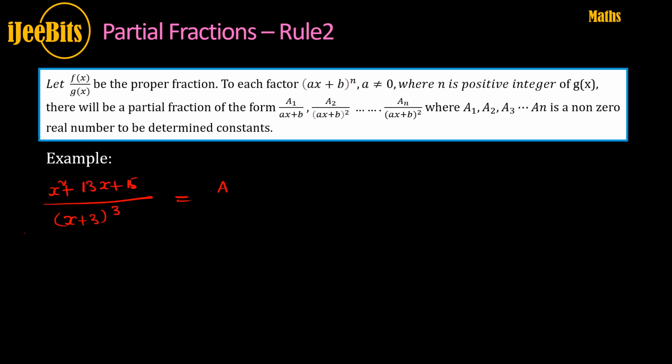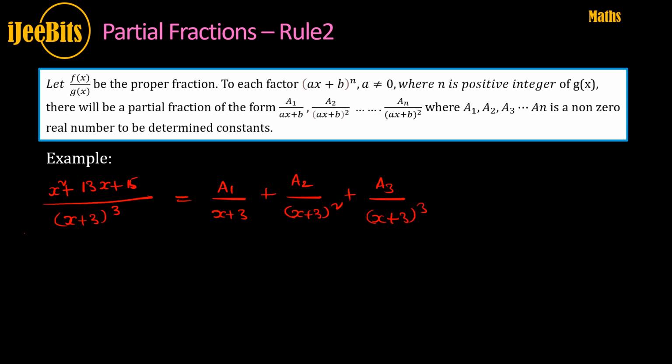You have to represent it like a1 by x plus 3, that's the first term, plus the second constant a2 divided by x plus 3 whole square, then the a3 term, a3 by x plus 3 whole cube.